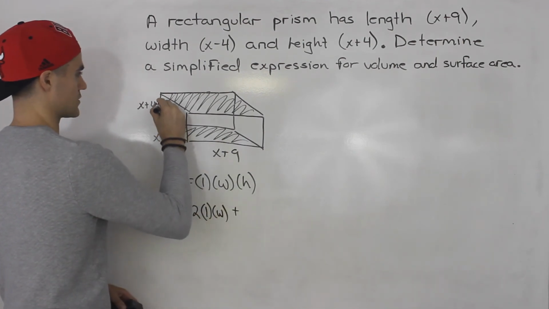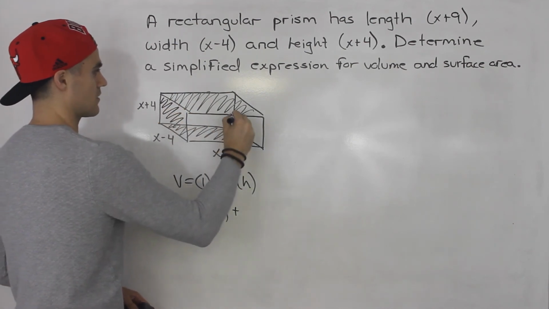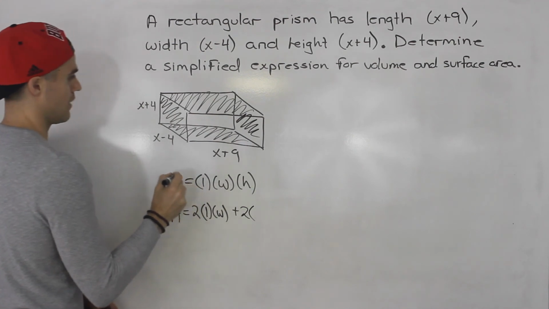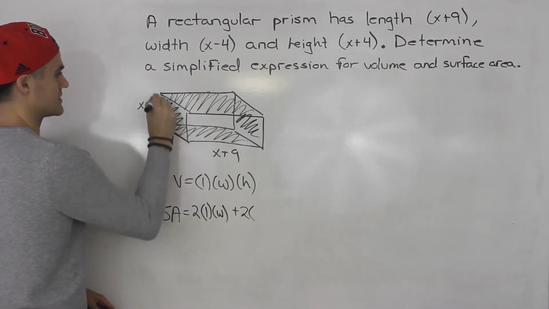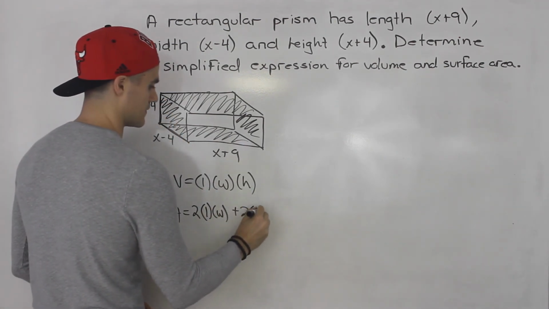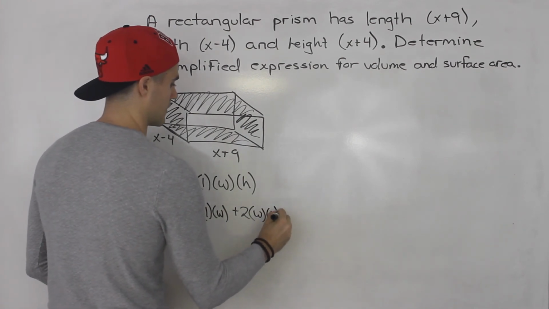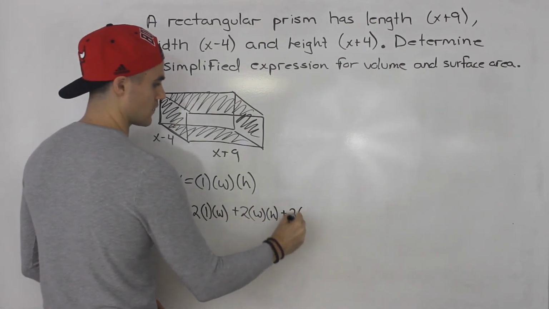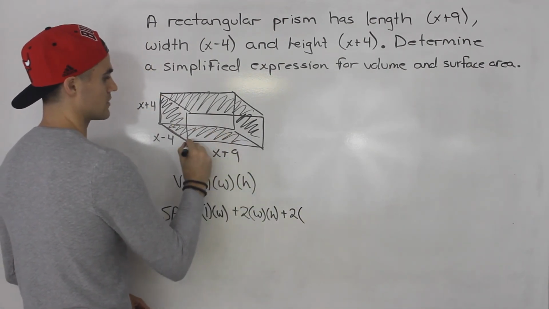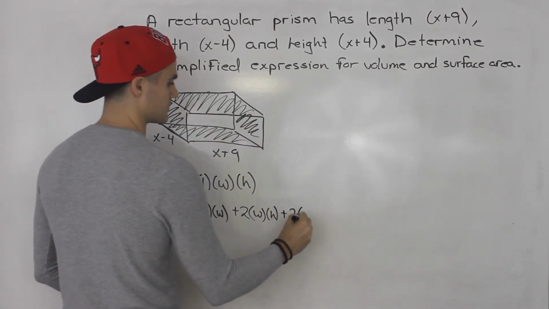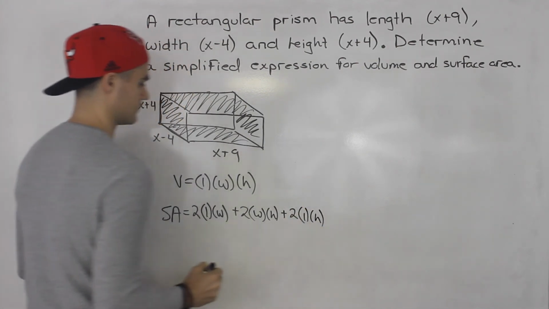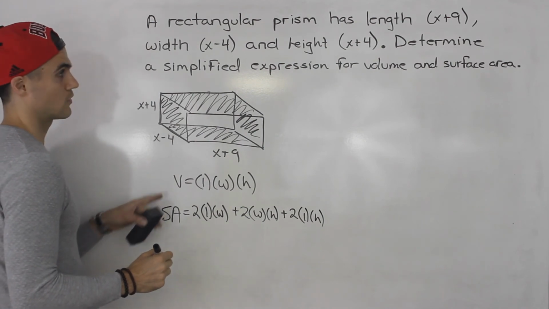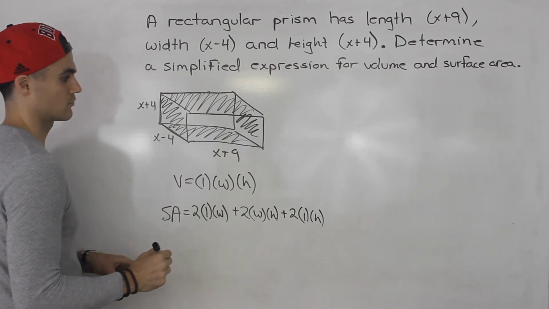And then notice that there's two faces here on the sides that are the same, and their area is going to be width times height. And then the front face and the back face, there's two of those, and each of those areas are going to be length times height. Like that. So those are the general formulas for the rectangular prism.